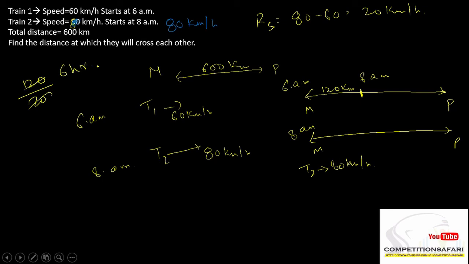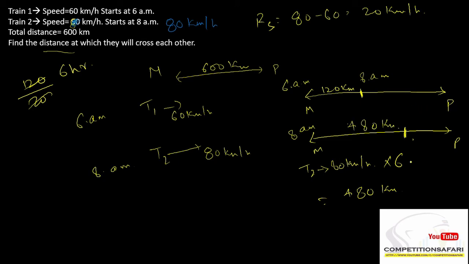So 6 hours, which means train 2 will take 6 hours to cross train 1. But we are asked the distance at which they will cross. So in 6 hours, train 1 should be 480 kilometers from Mumbai. It will be somewhere here at 480 kilometers.